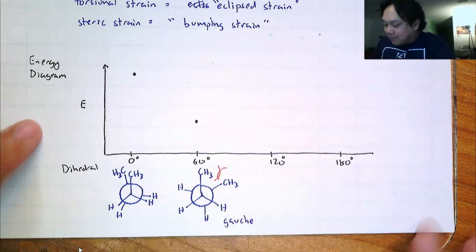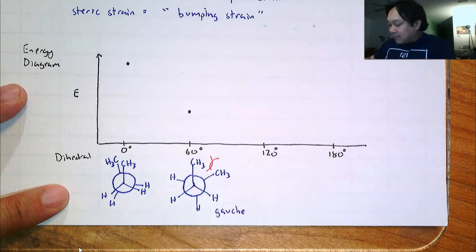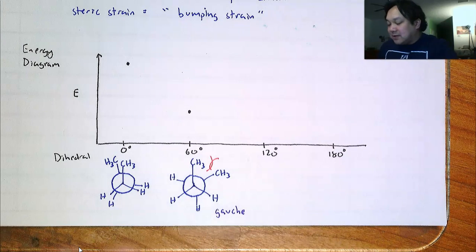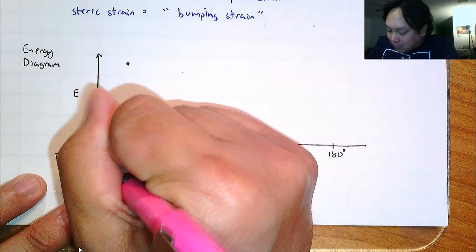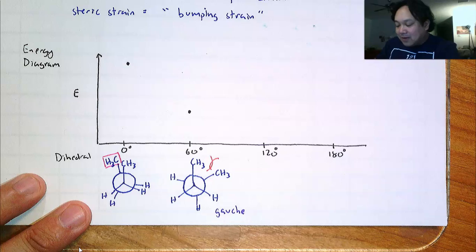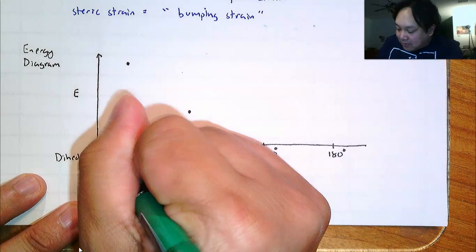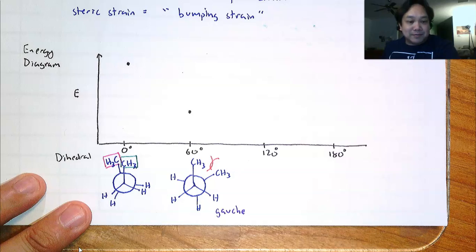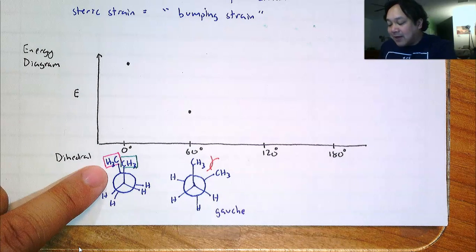Should have started a new page. Another 60 degrees. You know what can help us keep track? How about we put a square around the methyl group? Why don't we put a square around the other methyl group, pink and green? So do you see how I can consider that 0 degree dihedral?